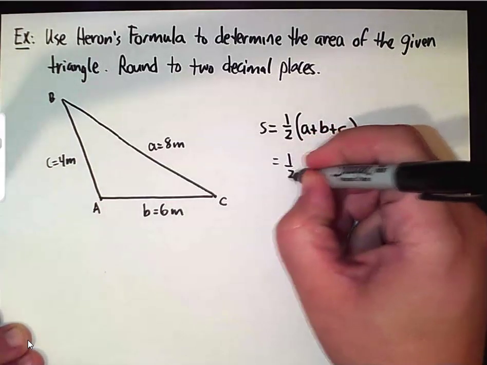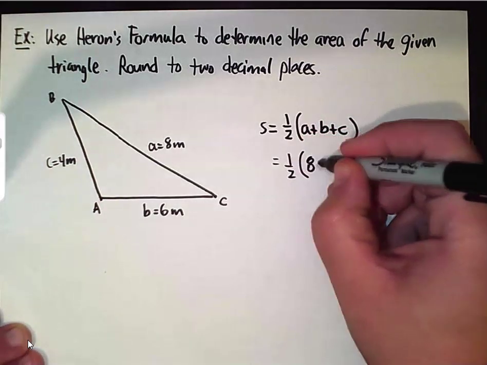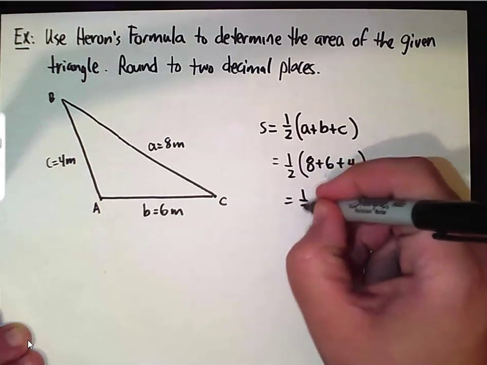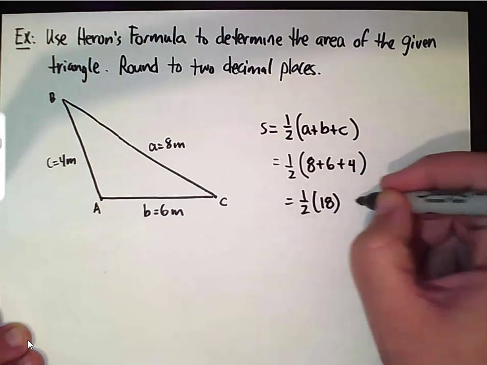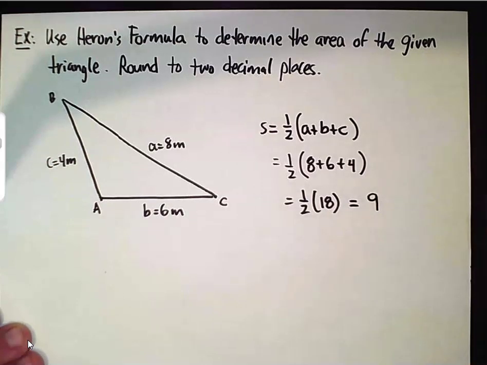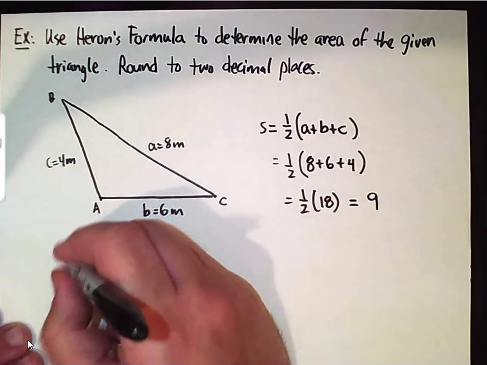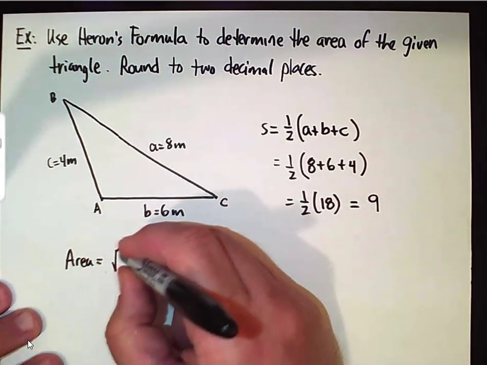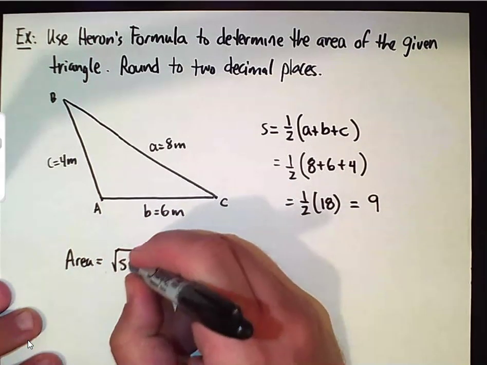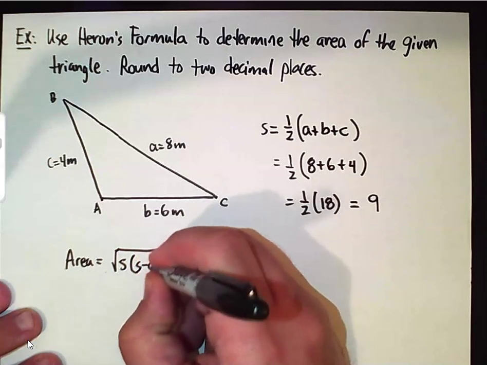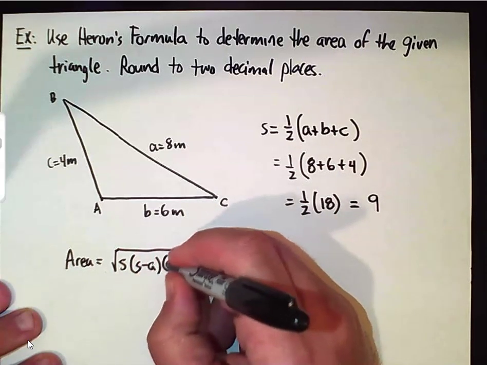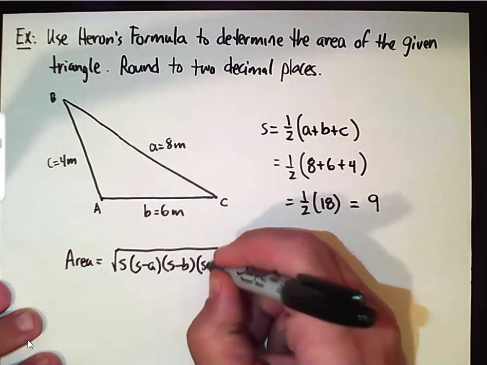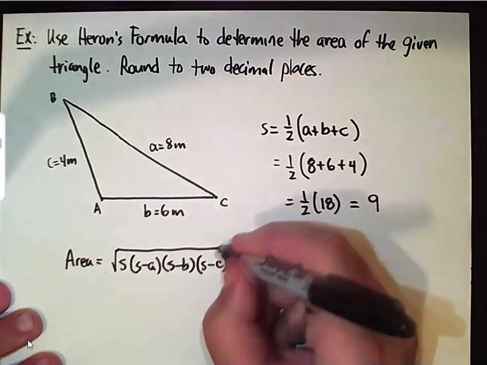That's a half of 8 plus 6 plus 4, which is half of 18, which is 9. Now the area using Heron's formula is the square root of the semi-perimeter times semi-perimeter minus a times semi-perimeter minus b times semi-perimeter minus c.